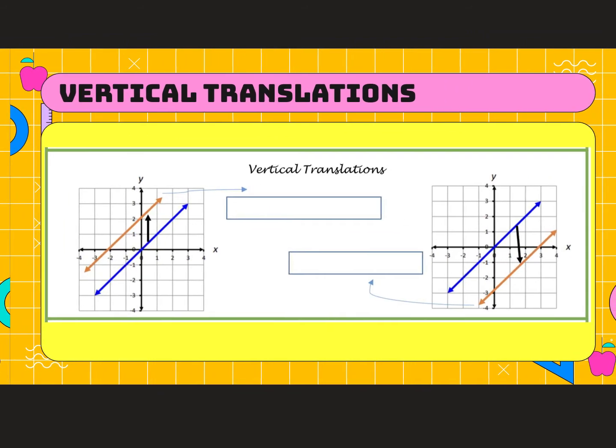So here looking at the vertical translation, again, our parent function is always y equals x, which is going to be our blue line. All right, so vertical translation has to deal with the y-axis. So in a vertical translation, your y-intercept is what is moving. We can see here that this is a shift up.